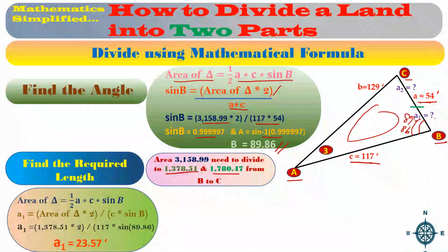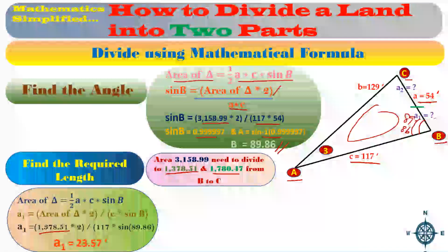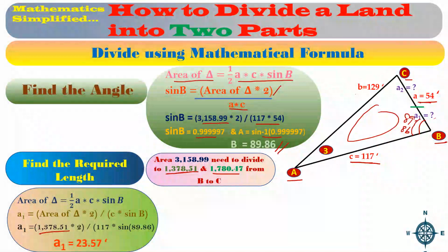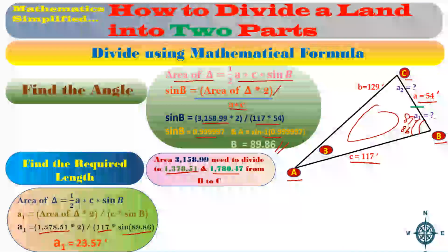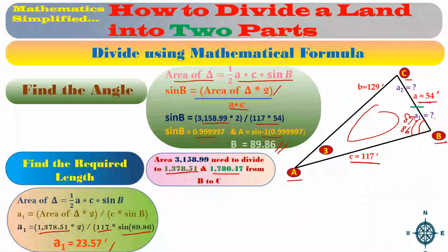Because here we need to find only one side, it's 1378.51, the bottom portion of the area, into 2, divided by one side, 117, and the sine of the angle we got, 89.86. So we get 23.57.